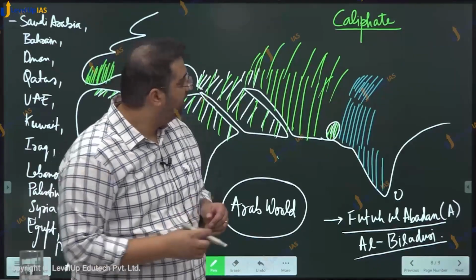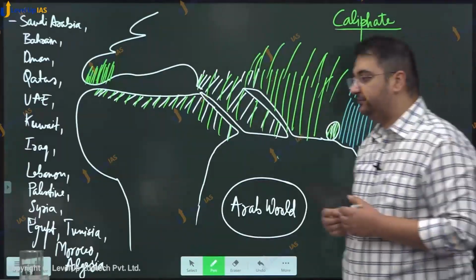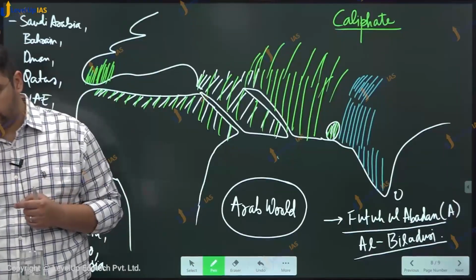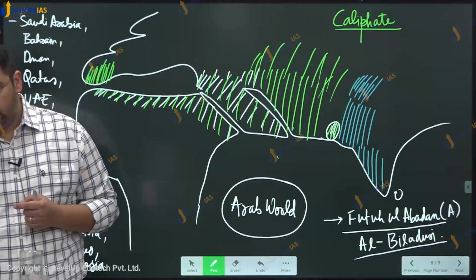ठीक है. तो write down a few lines. Arab conquest of Sindh. लिखिए.